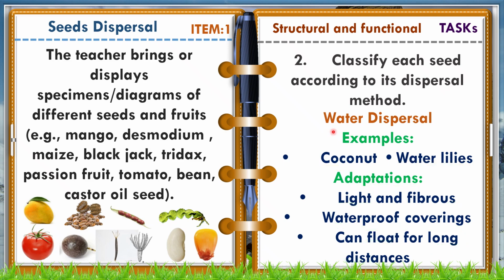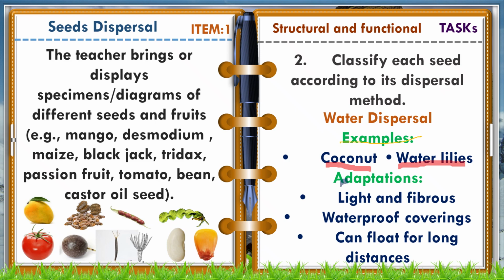We want to look at water dispersal. We want to look at the examples that are dispersed by water. Here we have the coconuts, we have the water lilies. Those are dispersed by water.